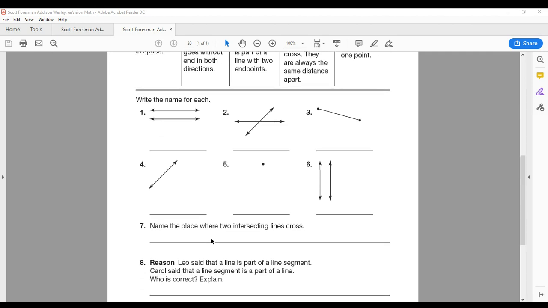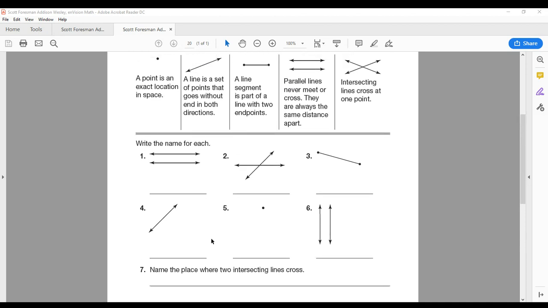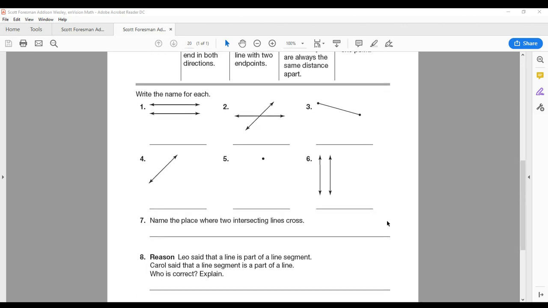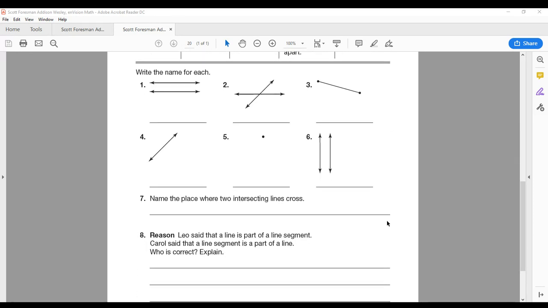Number 7, name the place where two intersecting lines cross. Two intersecting lines cross at a point. And to check my work, I'm going to go up here and it says intersecting lines cross at one point. Perfect. Number 8, reason. Leo said that a line is part of a line segment.